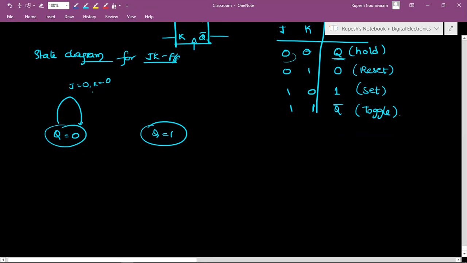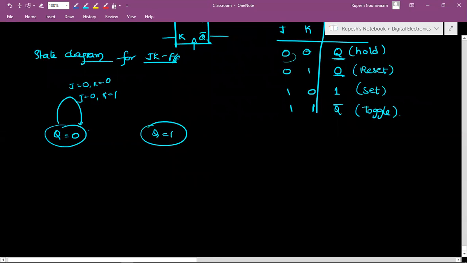What is one more condition to get 0 irrespective of Q? If J is equal to 0 and K is equal to 1. In those cases, Q goes to 0. Then 00 you get the same value, 01 you get reset, then 10.